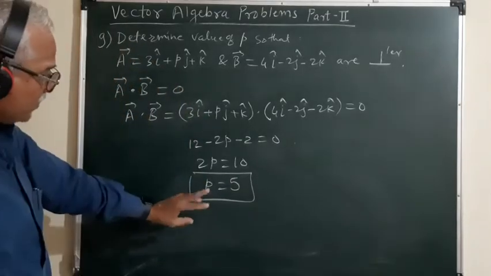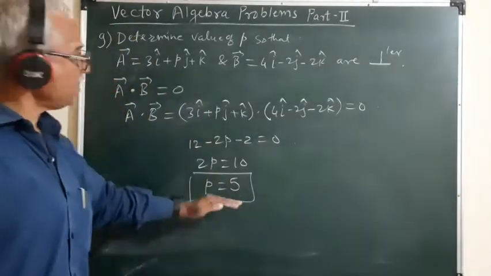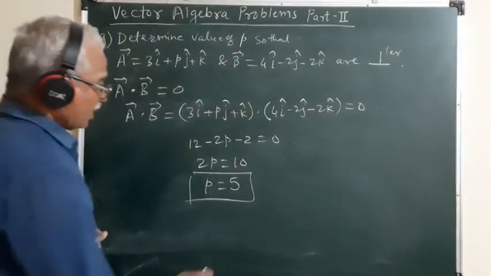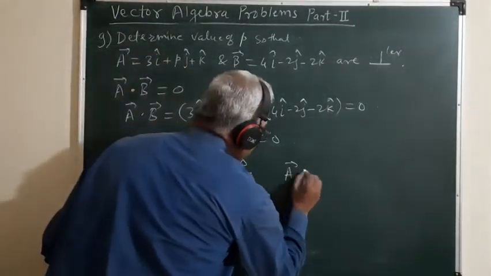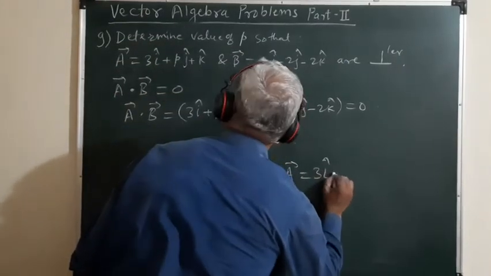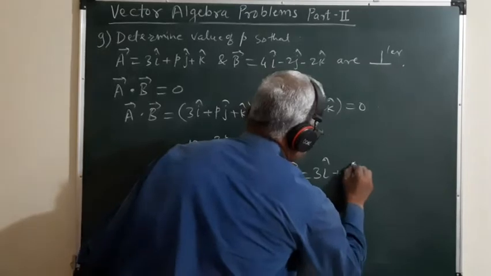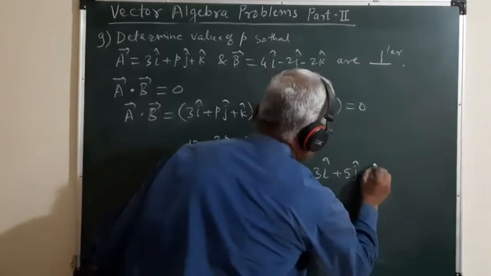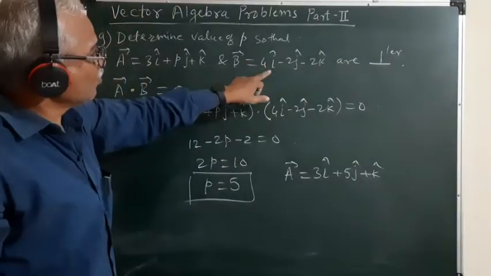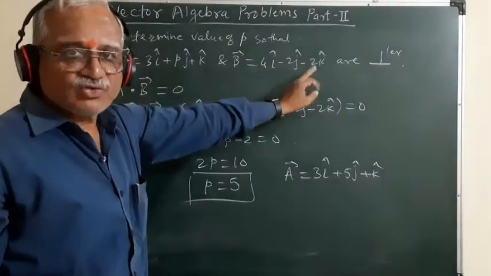So if we substitute the value p is equal to 5 here, then the vector A bar works out to be 3i cap plus 5j cap plus k cap, and B bar is 4i cap minus 2j cap minus 2k cap.